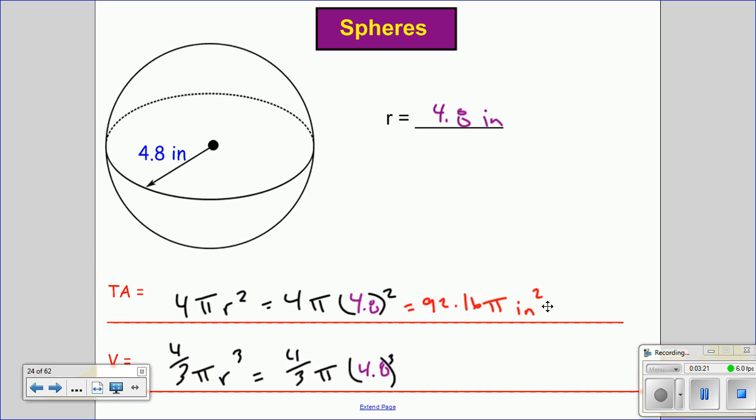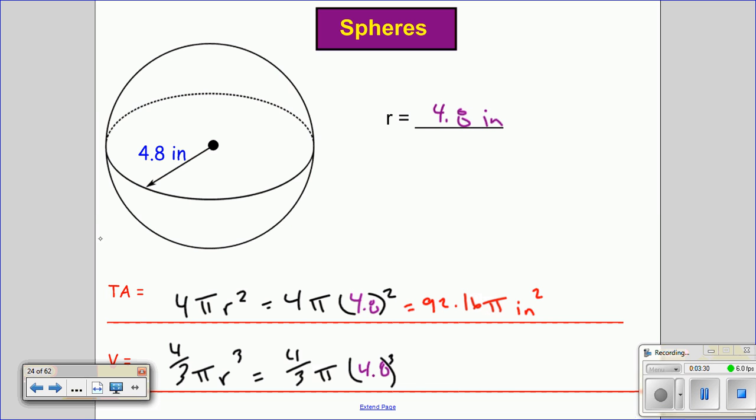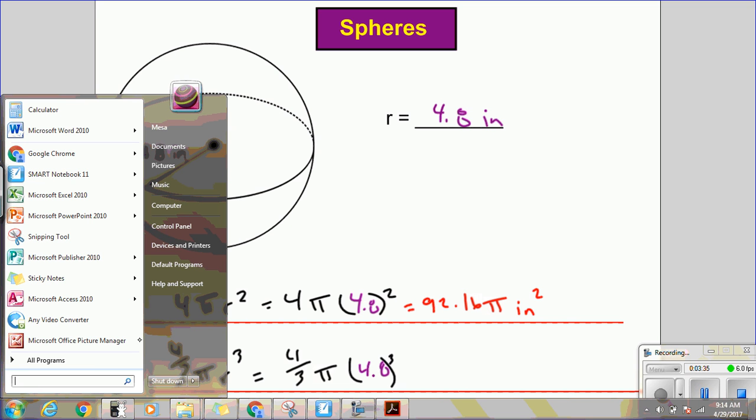Now, when I want to approximate, I'm going to approximate to the tenths place. So that means take this answer and multiply it by pi now.